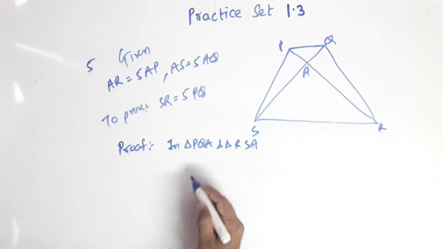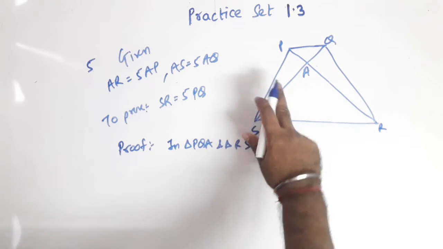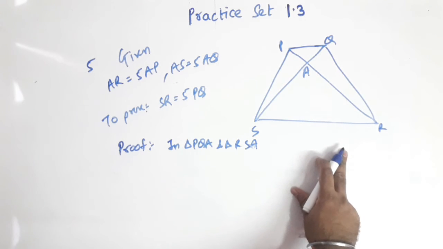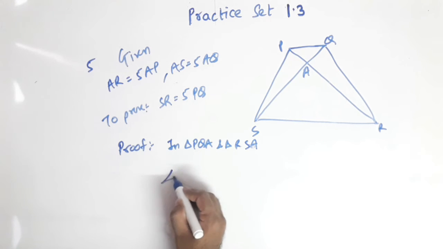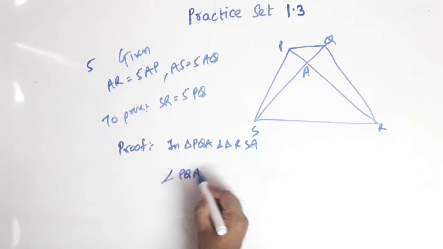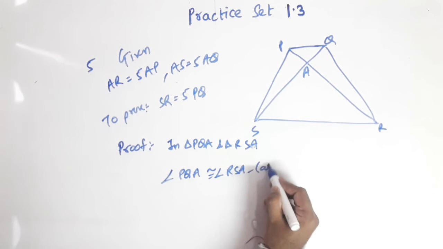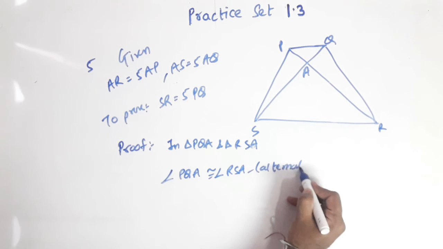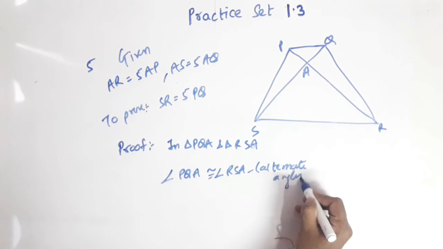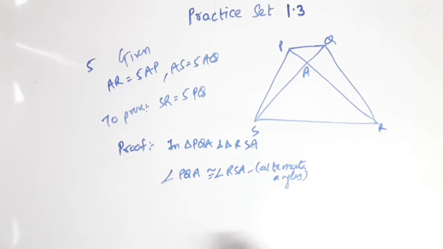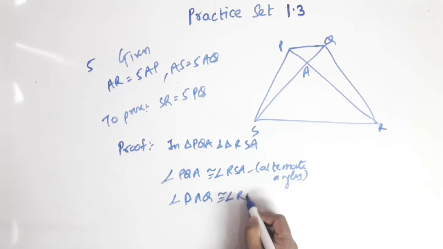Now, you know that these lines are parallel. Okay, because lines are parallel, I can write angle PQA is congruent to angle RSA. They are alternate angles. Okay, and I'll write angle PAQ is congruent to angle RAS.